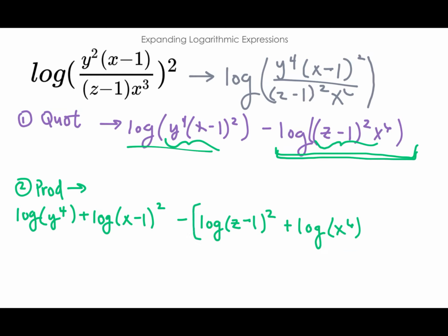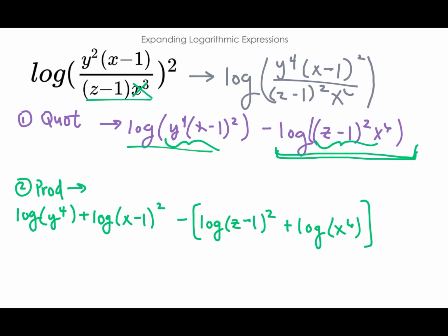I like to use brackets, parentheses would work, that really show that this whole thing is in the denominator. While we can expand it to addition to show that it's multiplication, we need to show that the multiplication is happening in the denominator of the fraction. And we do that by putting it in brackets. So you have to have those brackets there. It is a completely different problem if you don't. If you don't put the brackets there, you're implying that the x cubed is in the numerator. But it's not, so we put brackets there.